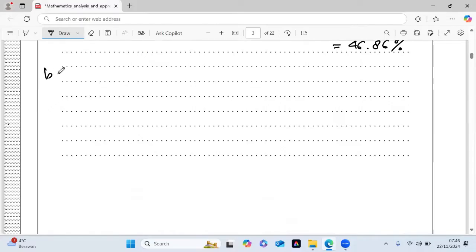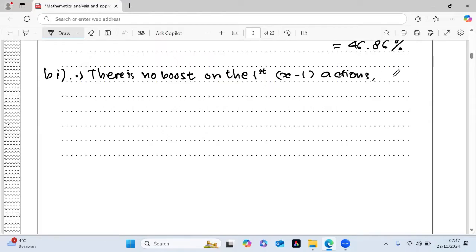Okay, part B1. I will write here several concepts. First, there is no boost on the first X minus 1 actions, followed by one boost action.